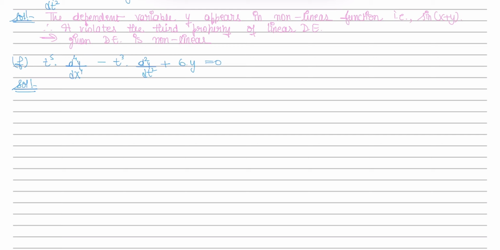We can see here is that all the dependent variable and its derivative is having power 1, and none of the derivative and dependent variable are in the product form. Also there is no non-linear function present in this equation.